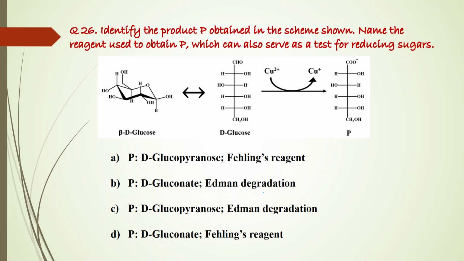Now from D glucose you have the formation of this compound called P. You have to identify the name of this compound P and the reagent being used here for this conversion. You all know that. Still, let me wait for some time for all of you to answer, then I will tell you. Which reagent is this and what is the name for this structure?